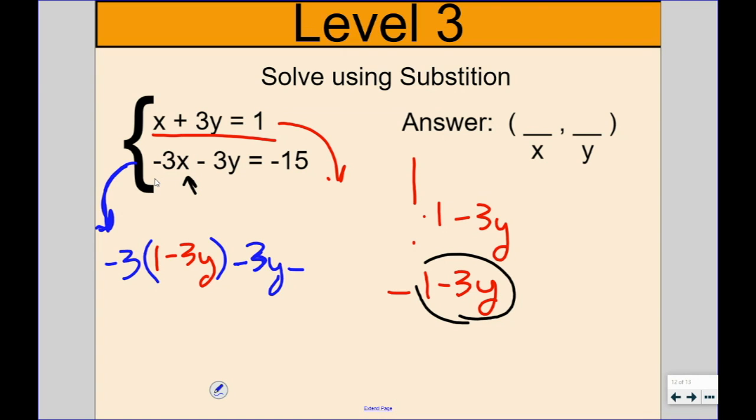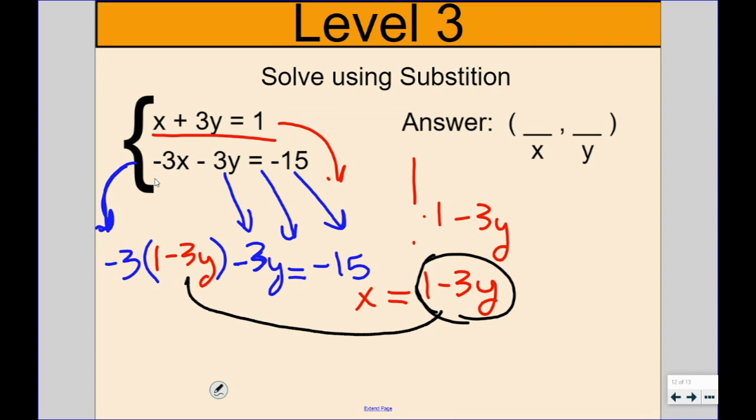So I'm rewriting this here, and equals negative 15. I'm just rewriting this whole equation. And down over here, this was what our x was equal to. So making sure that's in here, we can see that I'm taking what x was equal to and substituting it right in there.